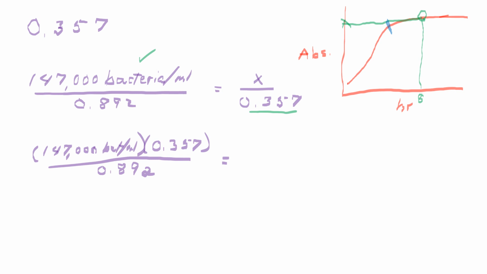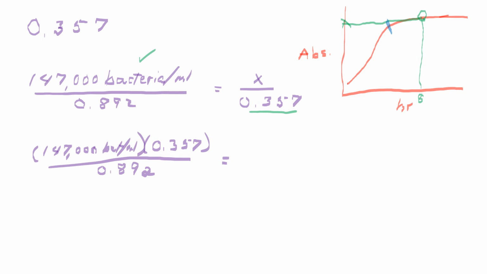Now, think about this for a second. The original number was 0.892 and you had 147,000 bacteria. When we did 0.1, we had a little over 16,000. So if 0.357 is between 0.1 and 0.892, you would expect the number to be between those two. This is the way you mentally double check yourself.